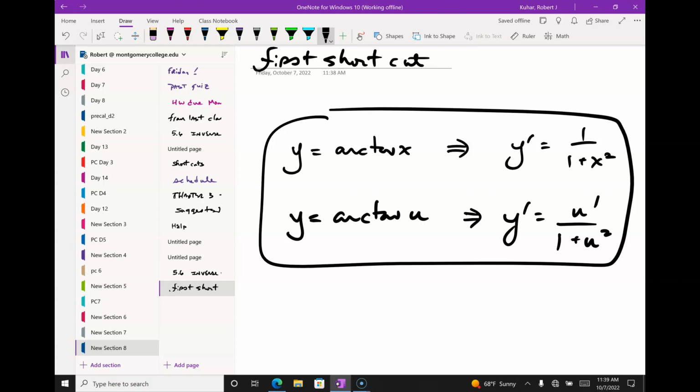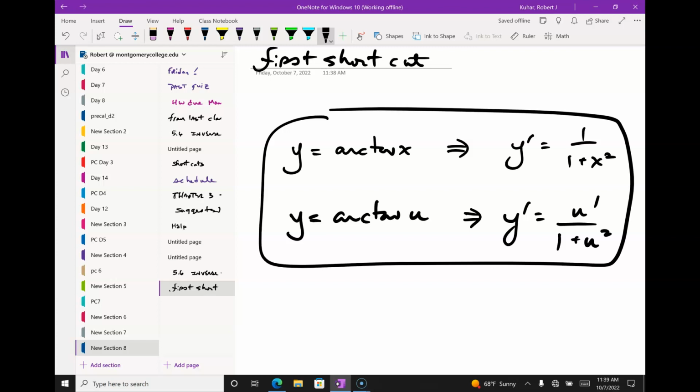We've been doing these processes to get derivatives. In this particular section, it's a very, very simple process. So simple that you're supposed to do something else. But all I'm saying to you is identify u.